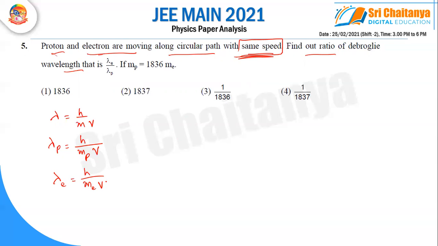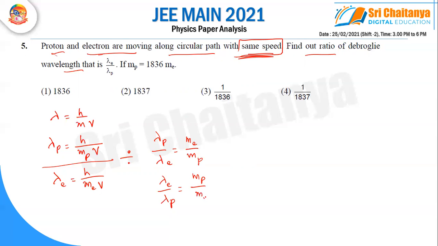Now he is asking for the ratio. When I divide this, I get lambda P by lambda E equal to m_e by m_p. But his interest is lambda E by lambda P, so invert the ratio: m_p by m_e is what you are going to get.